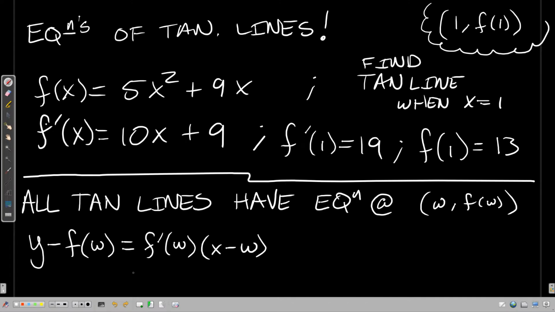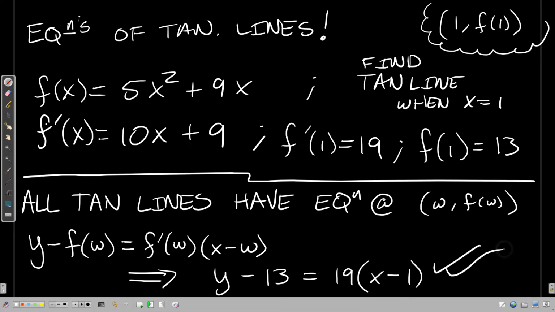All right? So we would have y minus f of w. Well, f of w is 13. That's going to be equal to f prime of w, which is 19, and then times x minus 1. And you can leave it like that. That is the equation of the line. If you need to put it in slope-intercept form, then you would have to distribute and solve for y.